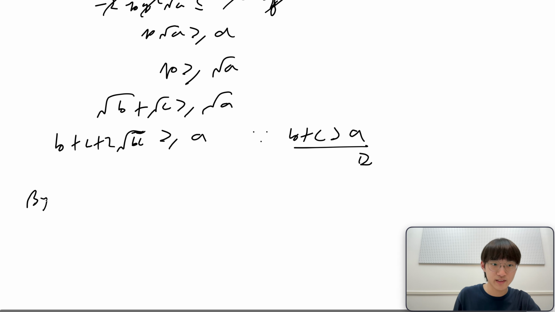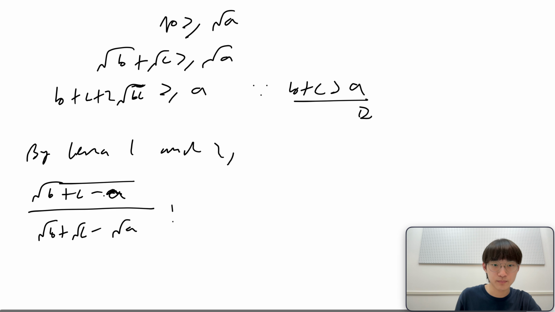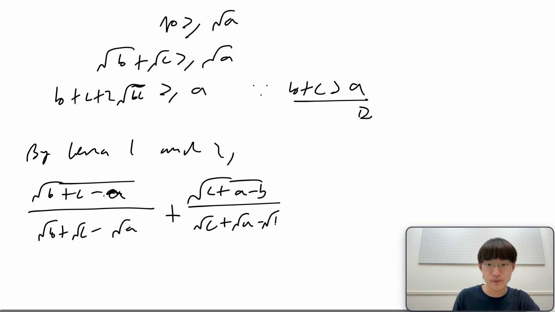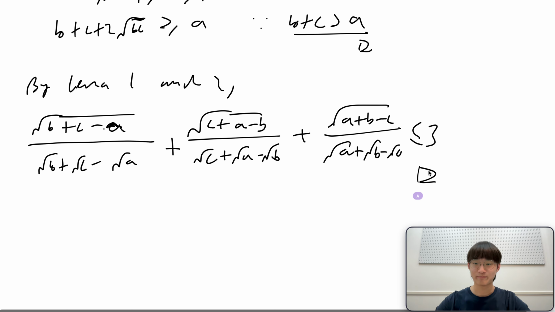So by lemma 1 and 2, square root of b plus c minus a, plus root c plus ca minus b over c plus root a minus root b, plus root abc plus b minus c root a plus root b minus root c is less than or equal to 3 because 1 plus 2 equals 3. And we just proved this problem.